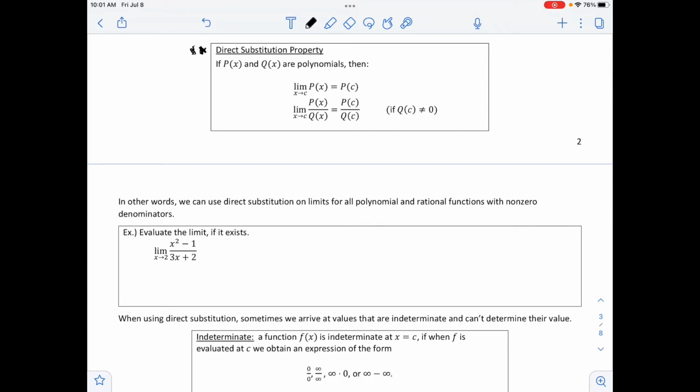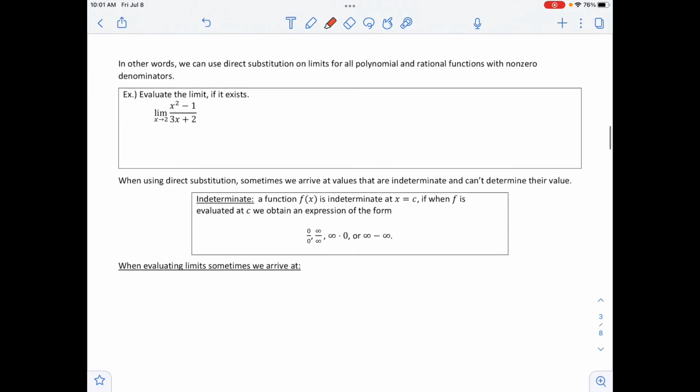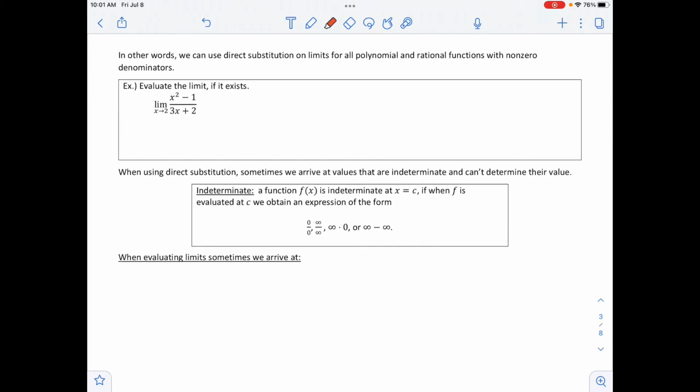So we're going to substitute in that value x is approaching into our function, and we would get p of c. And the same thing with the division one. In other words, we can use direct substitution on limits for all polynomials and rational functions with non-zero denominators.